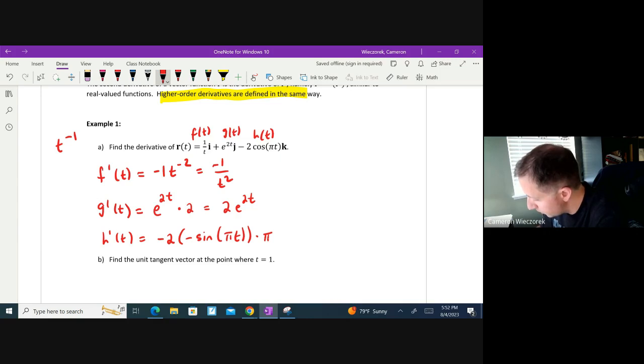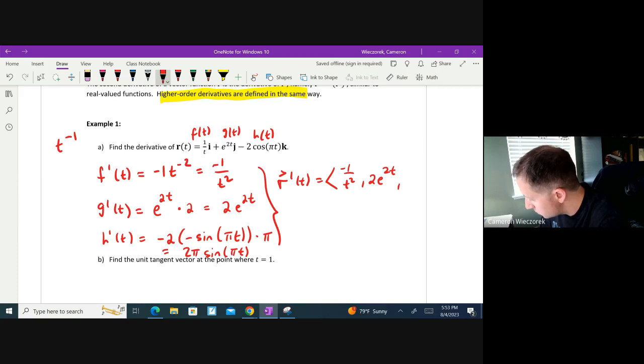And so I end up with 2 pi sine of pi t. And so these are going to make the individual components of my derivative vector, of my tangent vector. So r prime of t is going to be negative 1 over t squared, comma 2e to the 2t, comma 2 pi sine of pi t.